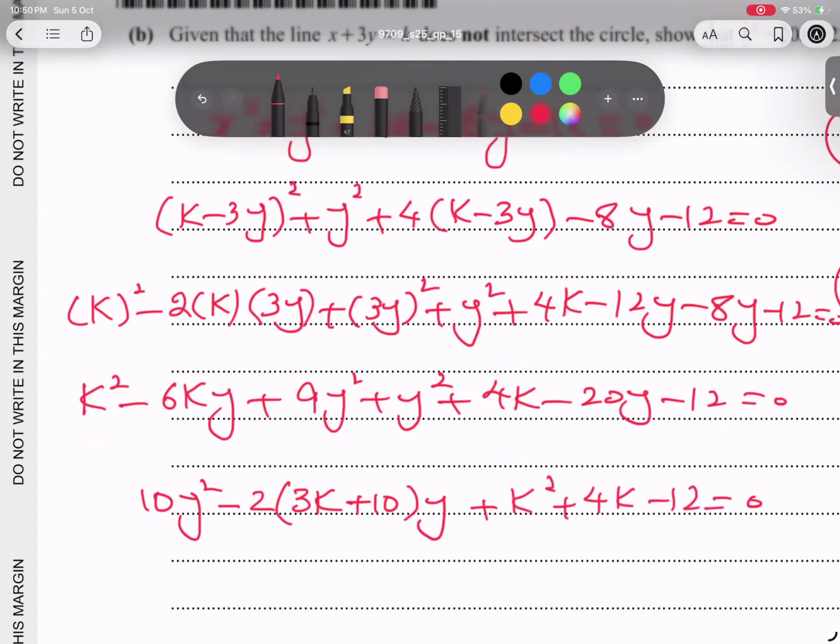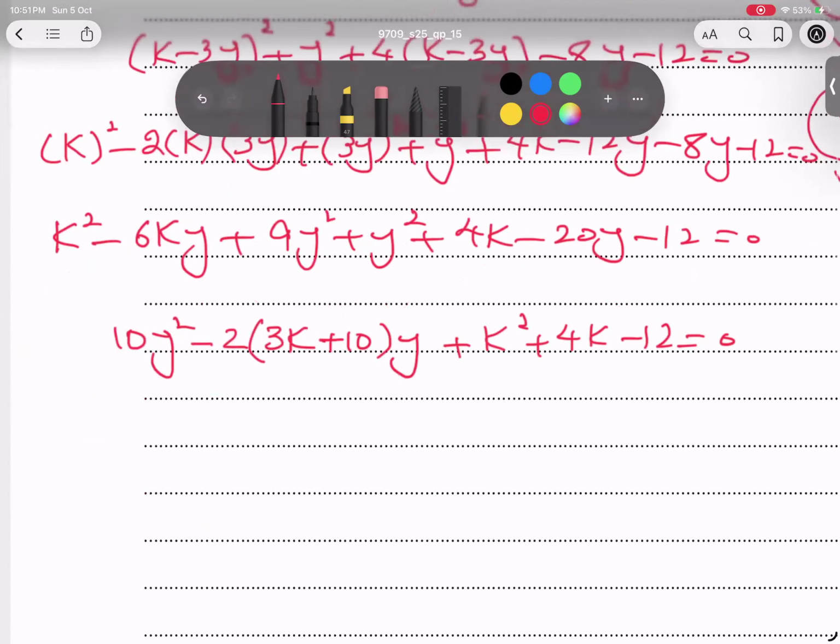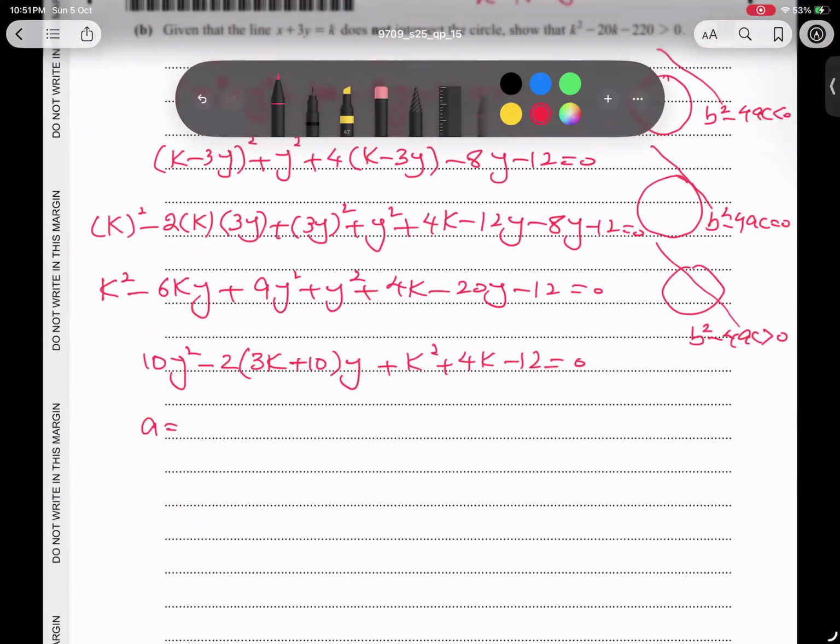So I think, students, up till here you got a little bit of hard algebra, but I believe you understood how I got it. Basically I got this equation. What is the a value? 10. What is the b value? The b value is naturally here, you can see.